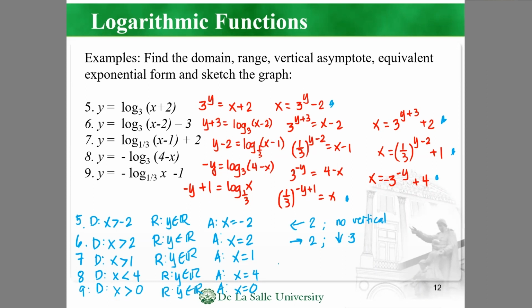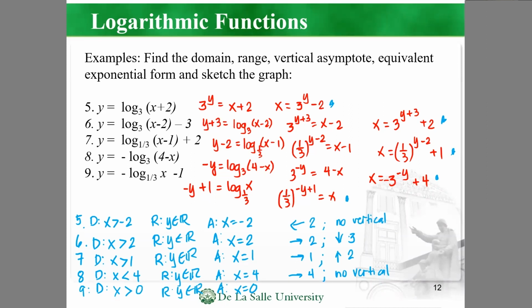You understand? Number 7, plus 1. So, right side by 1, yung power mo, up by 2. Number 8, look, right side by 4, tas wala siya, y lang siya. So, no vertical.